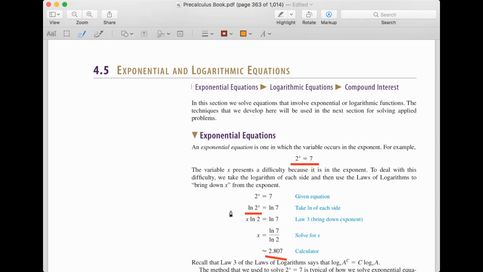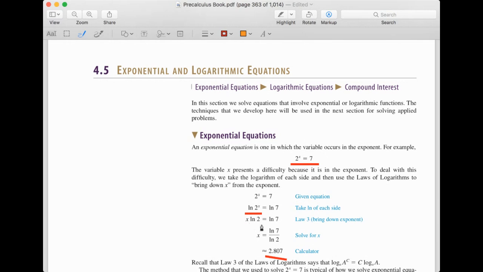All right, so that's how we solve an exponential equation. We put the ln in front of both sides. Then we move the exponent x up front of ln, just like this. So we start with 2 raised to x equals 7. We put ln on both sides. Then we move this x in front of ln.